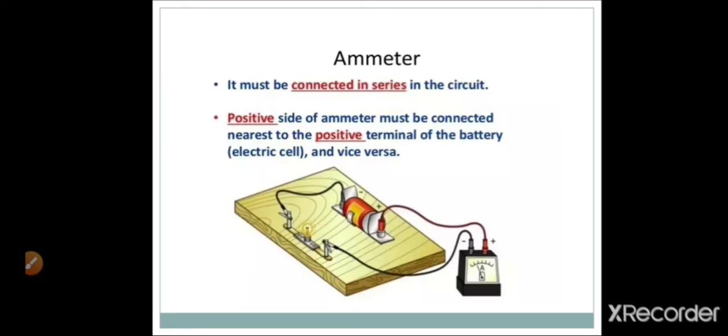The positive side of the meter must be connected to the positive terminal of the battery, and the negative side of the ammeter is connected to the negative terminal of the battery or cell.